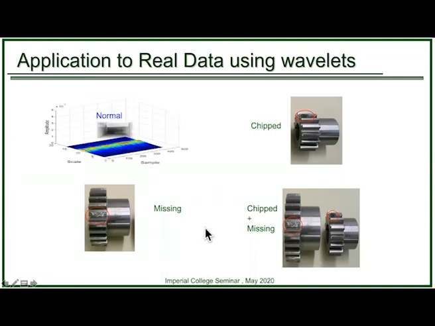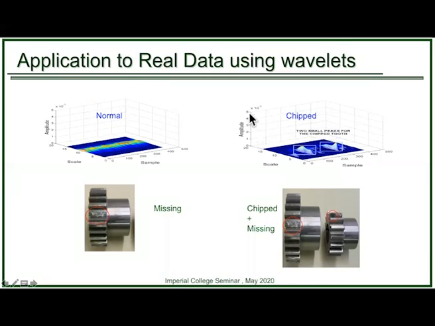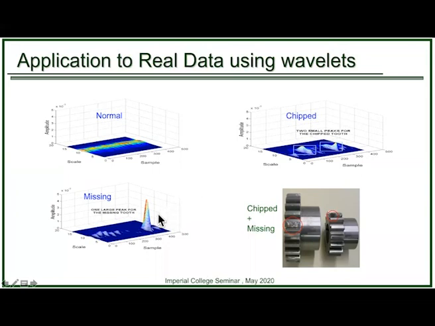When you do the wavelet transform of the vibration sensor data, the normal gear wavelet transform looks like this. We've scaled everything. And for the chip case, notice this scale is exactly the same, so you can clearly see the difference. These two peaks corresponding to the rotating speed of that gear indicate a chipped tooth. A large peak indicates a missing tooth.